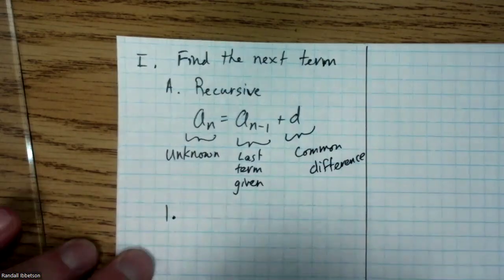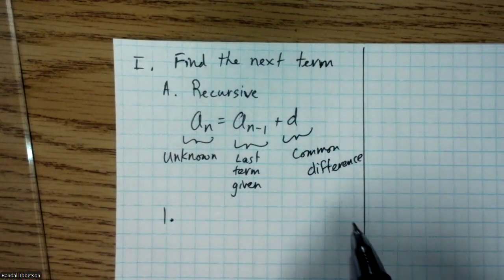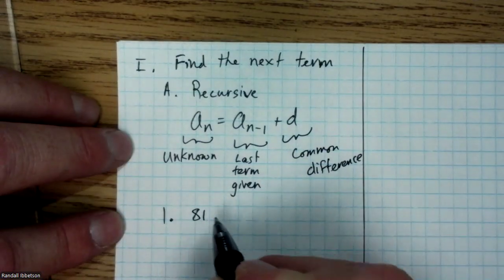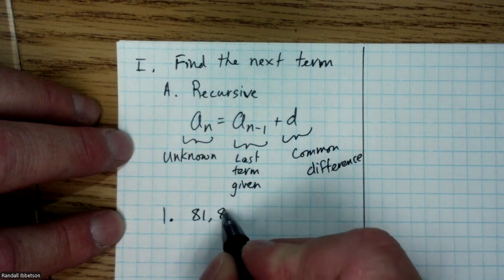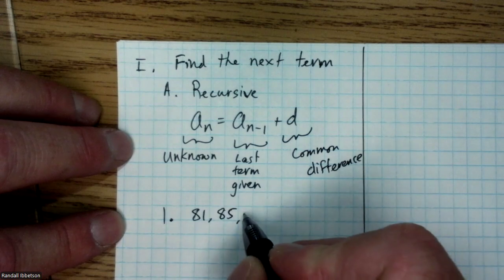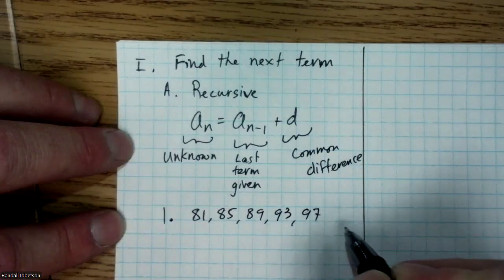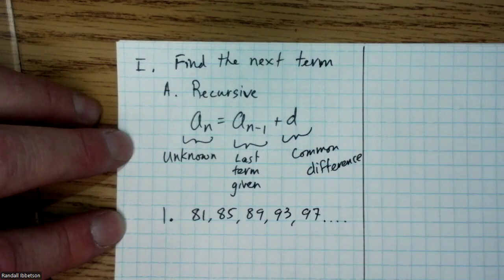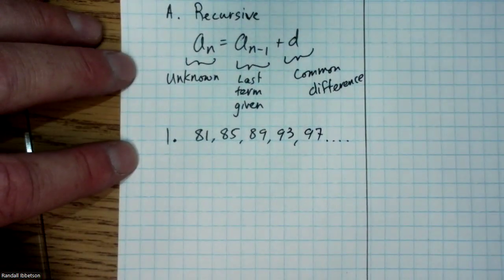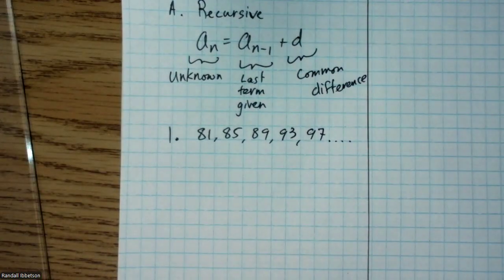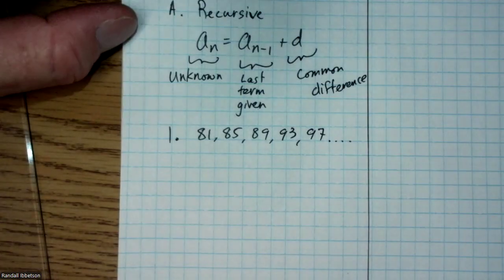Here's example number 1. This is a sequence of numbers: 81 first, then 85, then 89, on to 93, 97, and this sequence would continue on because there is a pattern. Here's how you find the pattern, and how you prove that it's an arithmetic pattern.